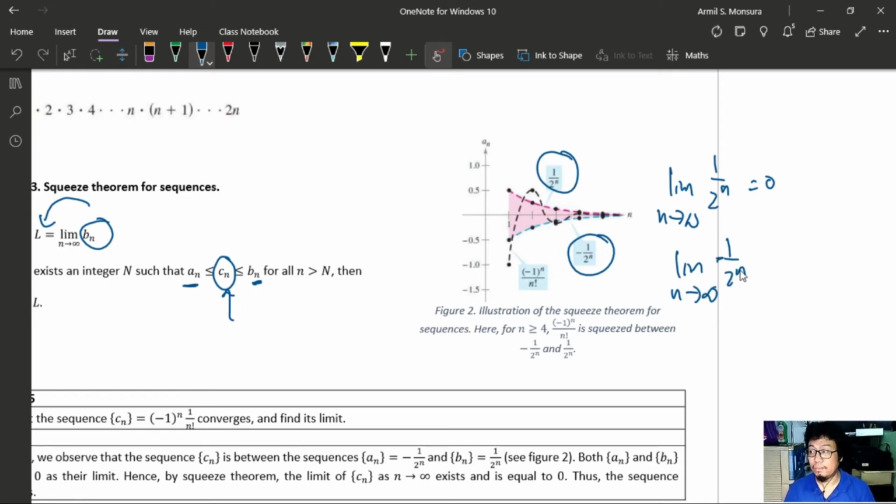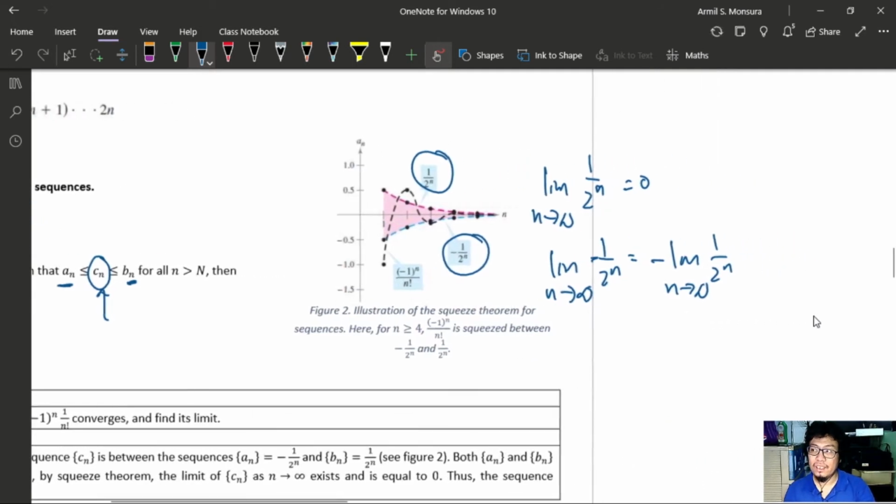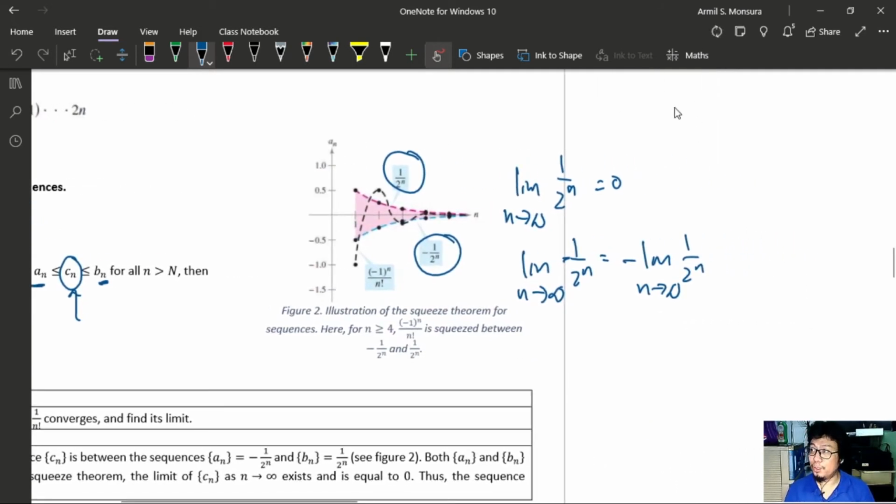Even if this is negative, this is simply the negative of the limit of 1 over 2 raised to n as n approaches infinity by the scaling property. Remember, the limit of c times a sub n as n approaches infinity equals c times the limit of a sub n as n approaches infinity.